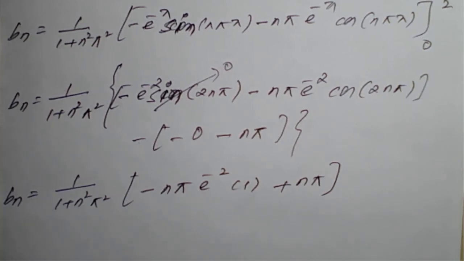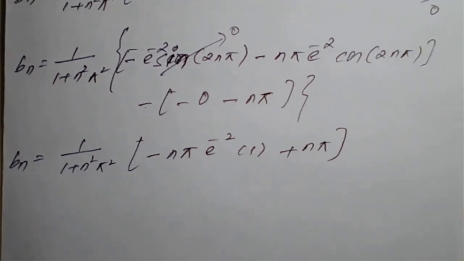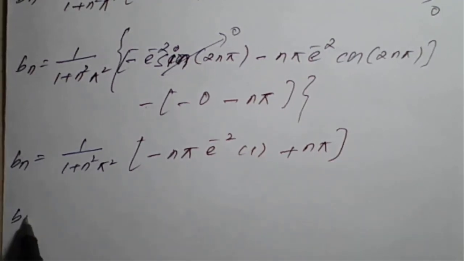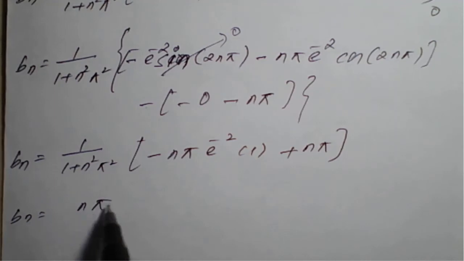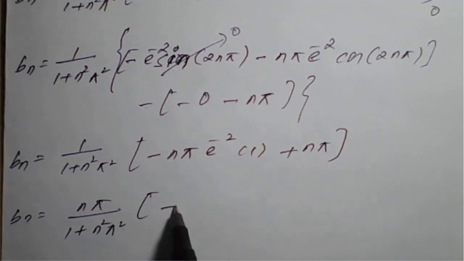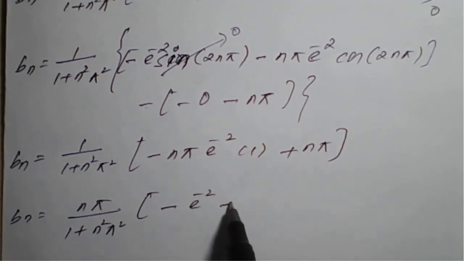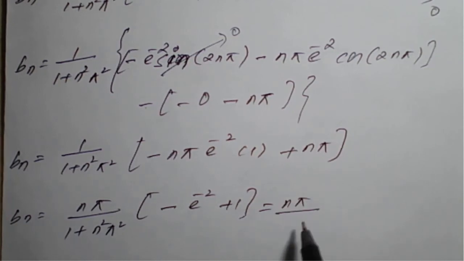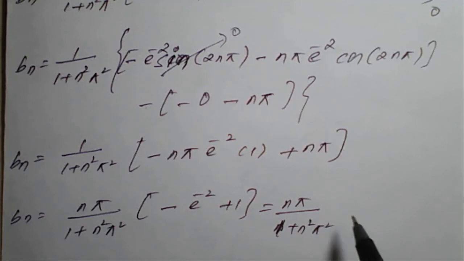On simplification you can find n pi common, so I will take it common: n pi divided by 1 plus n squared pi squared, and what is left inside is minus e raised to minus 2 plus 1, which is nothing but n pi upon 1 plus n squared pi squared.